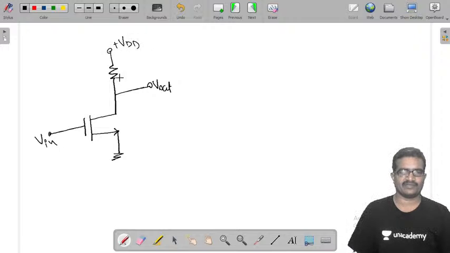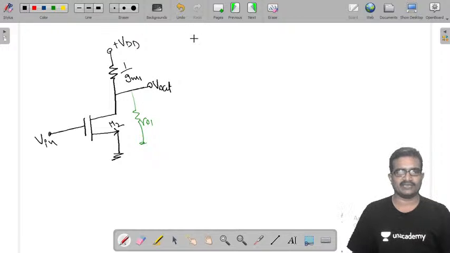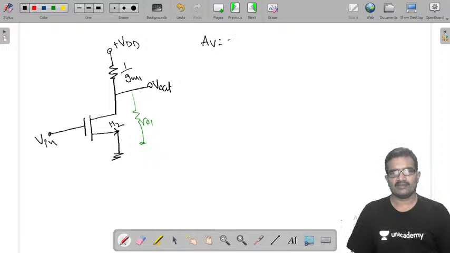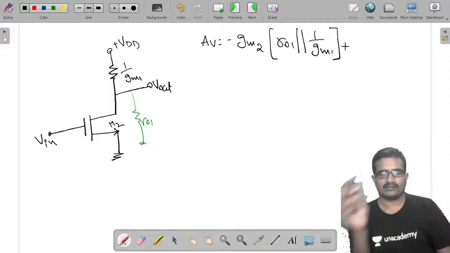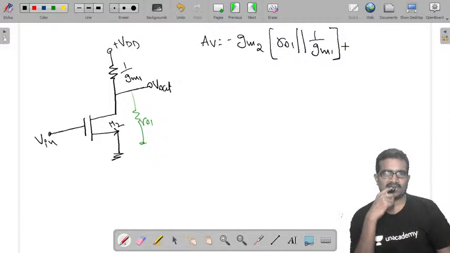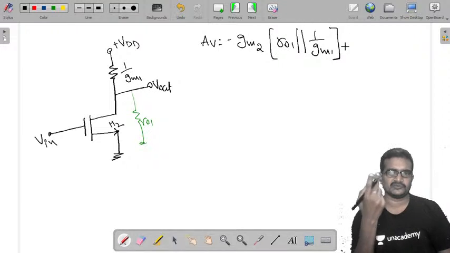The impedance between these two is 1 by Gm1. It is M2. Now if you consider the output impedance of this one, it is R01. Now the voltage gain of this one is minus Gm2 into R01 parallel with 1 by Gm1. That's it.